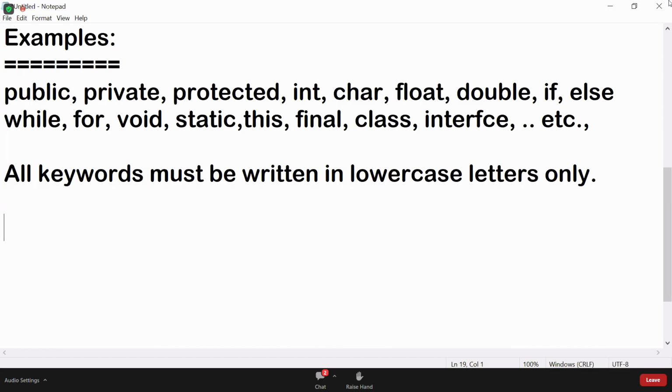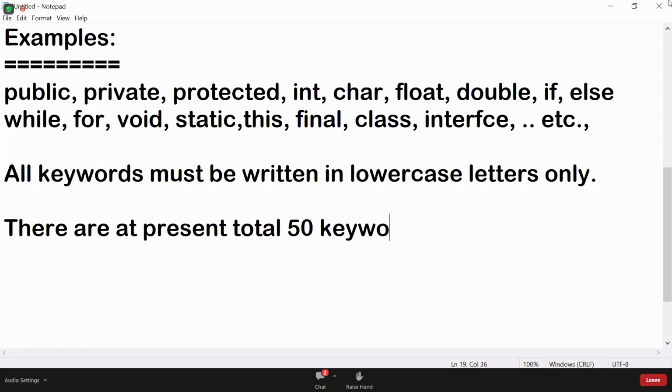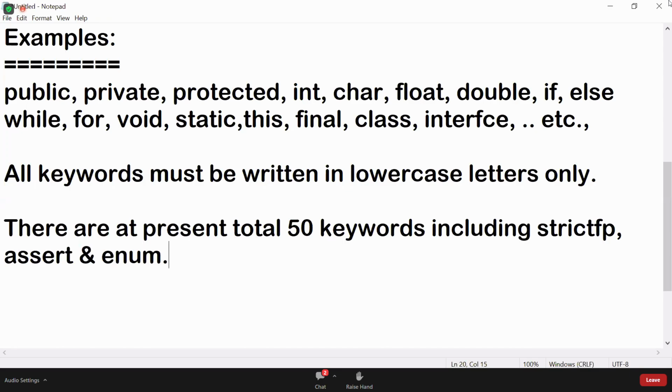Now, there are at present a total of 50 keywords, including strictfp, assert, and enum. Recently, 10-15 new keywords came, but they are not included in the list yet.